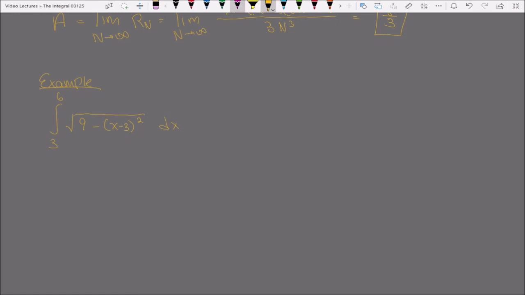Now, if we take a look and we go y equals f of x, y equals the square root of 9 minus x minus 3 squared, we'll get y squared equals 9 minus x minus 3 squared, right? Which is x minus 3 squared plus y squared is equal to 9. This is a circle of radius 3 centered at the point 3, 0.